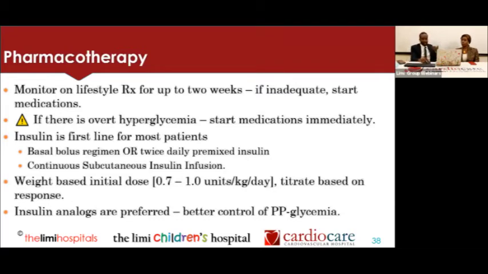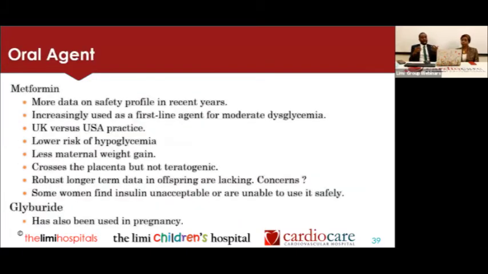So apart from that, of course, there's the role of the oral agents, which is a bit controversial, I would say. Okay, but metformin and glyburide, which is glibenclamide, have been used to a variable extent in pregnancy. Metformin particularly, we have more safety data on it in recent years, and it's being used more and more as a first-line agent for dysglycemia that is not so gross.